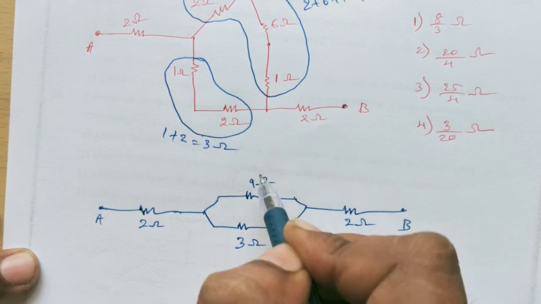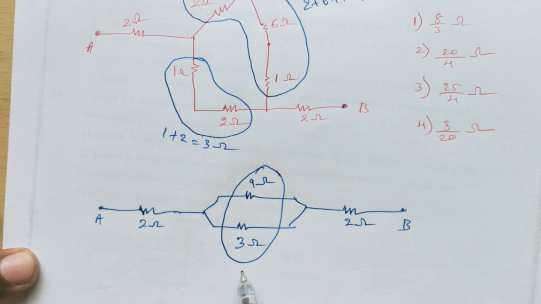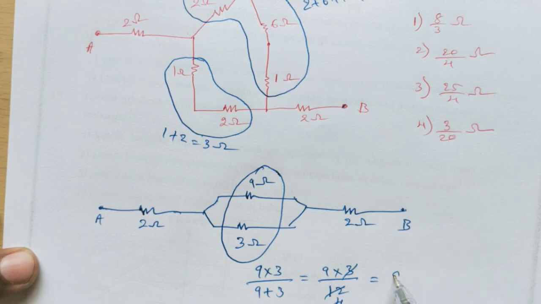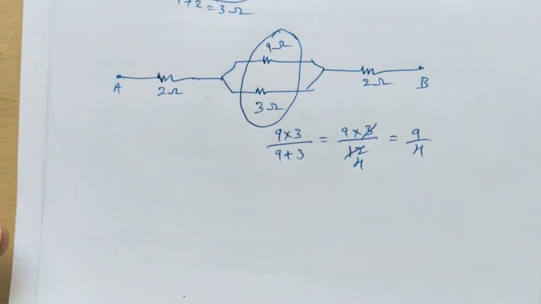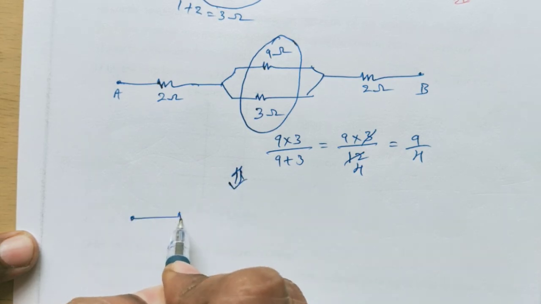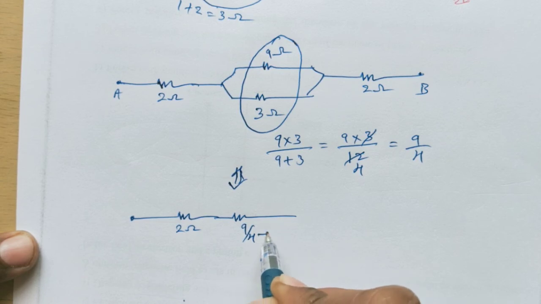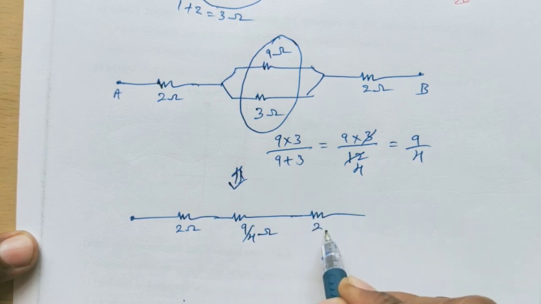This is B. So observe students, these 9 and 3 are in which combination? Parallel combination. Now how much does it become? 9 into 3 divided by 9 plus 3. So this is 9 into 3 divided by 12. This is 9 by 4 we have identified. Further, observe carefully, one more equivalent circuit I am drawing. This is 2 ohms, this one is 9 by 4 ohms and further this one is 2 ohms.